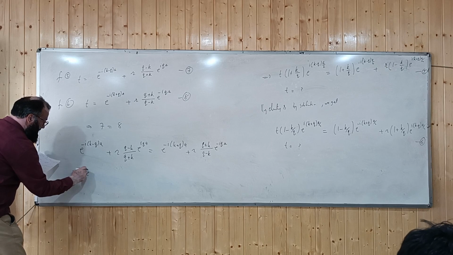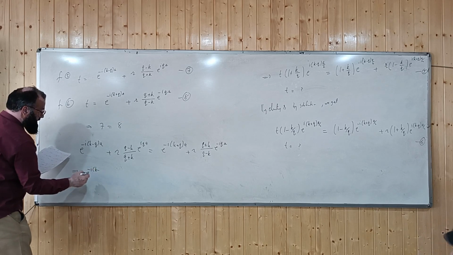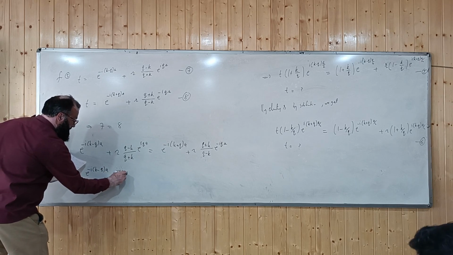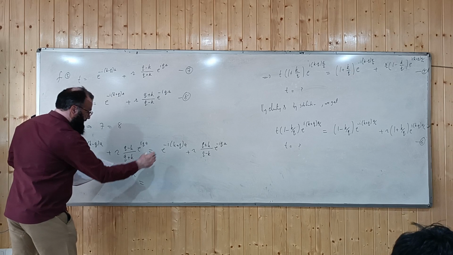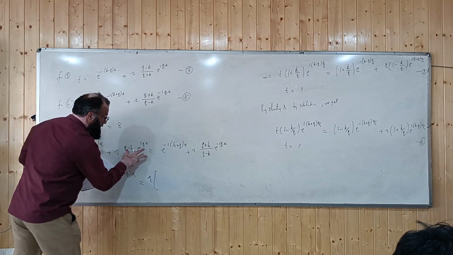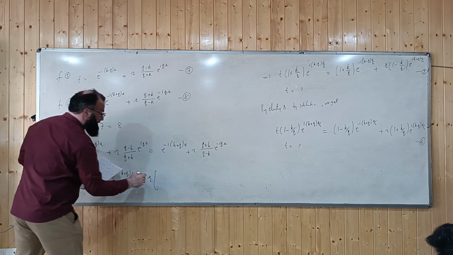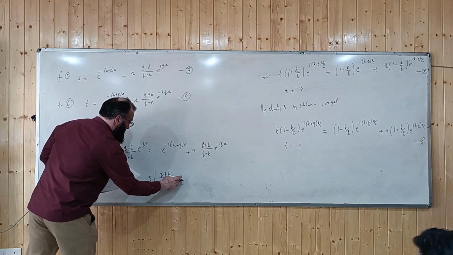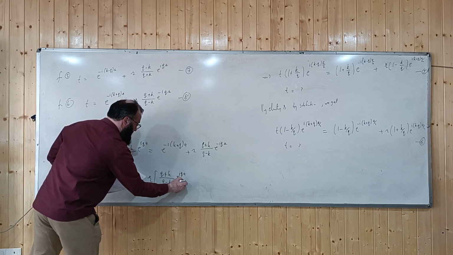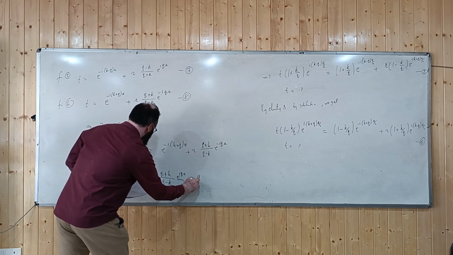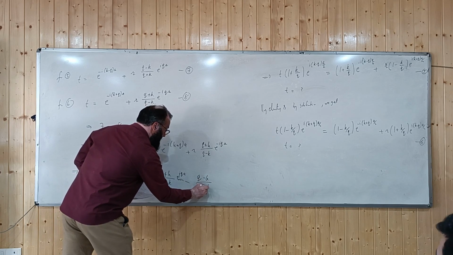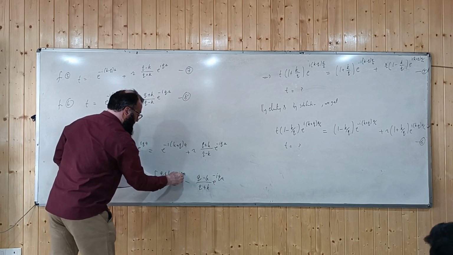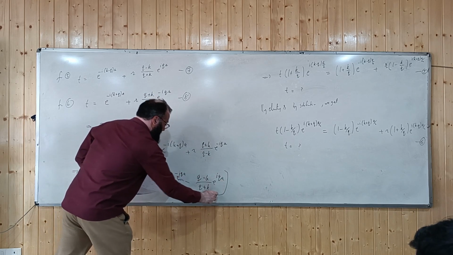So what you will get: e raised power minus i(K minus Q)a minus e raised power minus i(K plus Q)a, that's equal to, take R out, R into that term minus this term. So it is (Q plus K) divided by (Q minus K) e raised power i Q a minus (Q minus K) divided by (Q plus K) e raised power minus i Q a. Sorry, so this is minus and this is plus, like this.